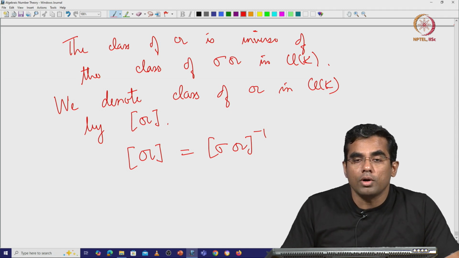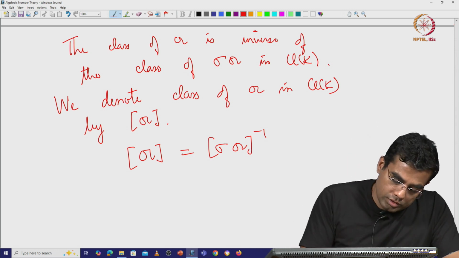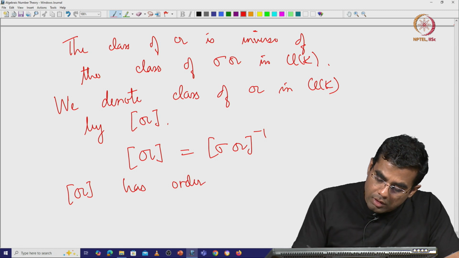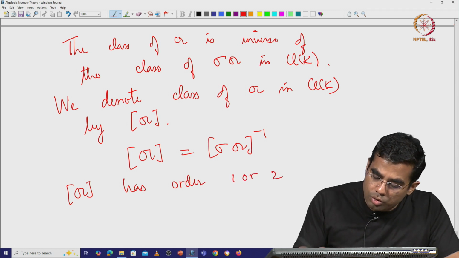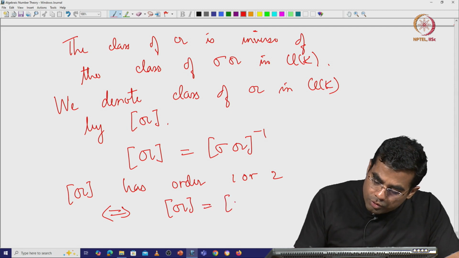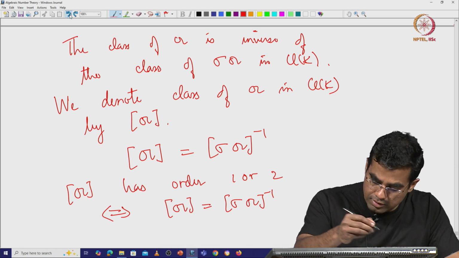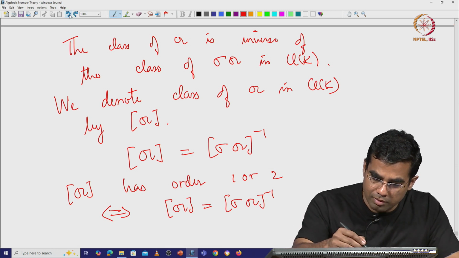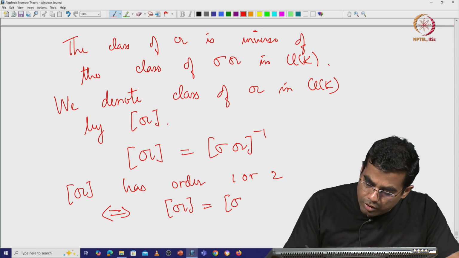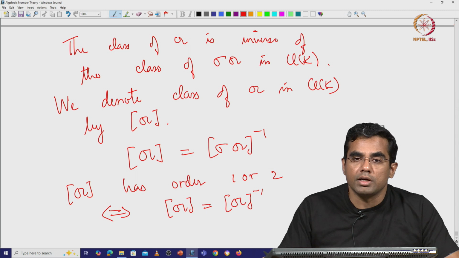Now, what happens when an element has order 2? An element has order 1 or 2 if the inverse of that element is the element itself.